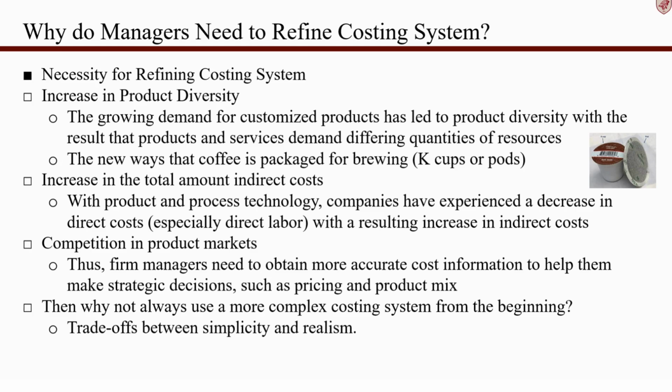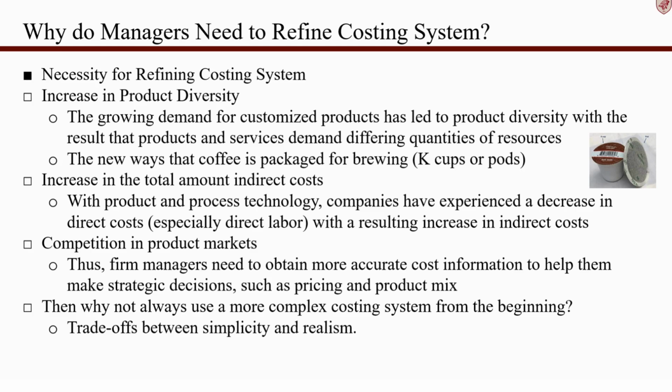And second, refining the costing system is becoming more important than ever because the total indirect cost compared to the total cost is increasing. That is the trend. One of the reasons is that labor costs are declining, right?